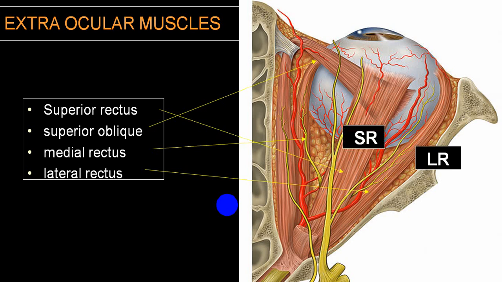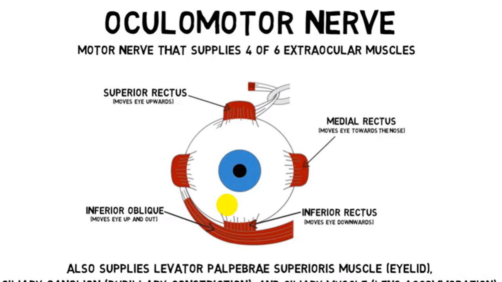And we have the levator palpebrae superioris. So you can see medial, lateral, superior, inferior, superior oblique, inferior oblique.